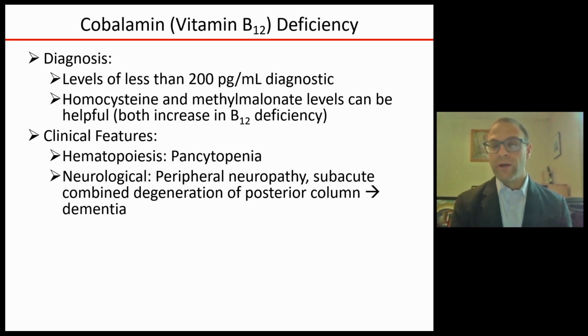And when severe, it can be a cause of dementia. Neurologic symptoms don't really happen with folate deficiency, although we do see cord development issues in the fetus when folate deficient.